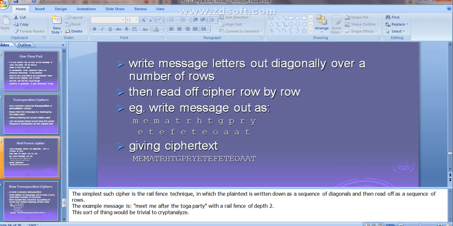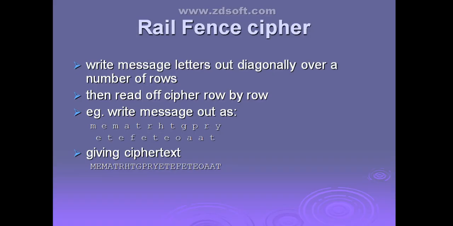Now read it row wise. So what will be the ciphertext you are going to get? MEMTAFRE, EHOPTEGAY, and so on.